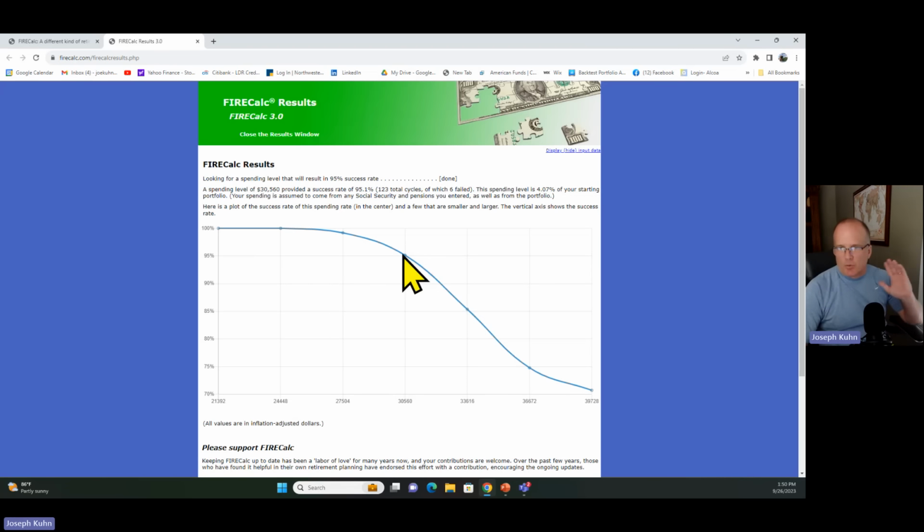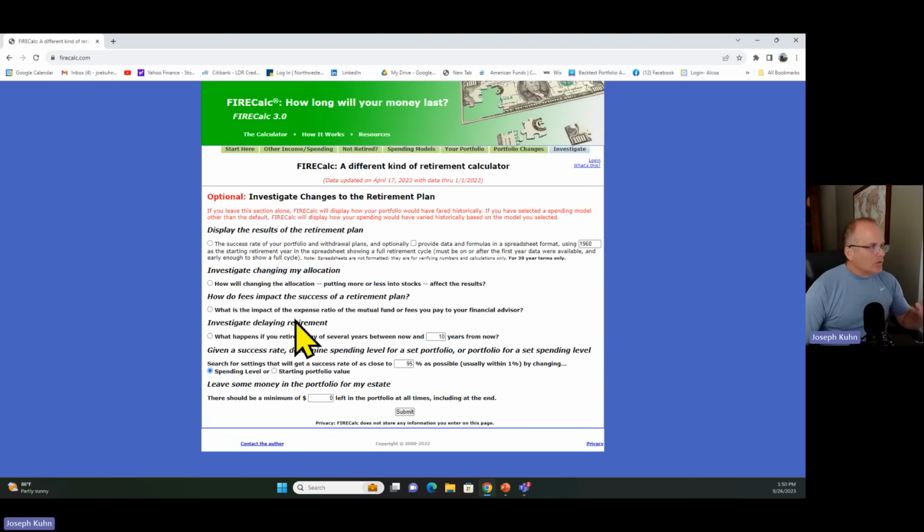Where can I get 95% confidence? I could spend $30,560. So I could spend a little bit more every year and be at my 95% confidence. Very cool tool, all using history. I love FireCalc. I think you will too.